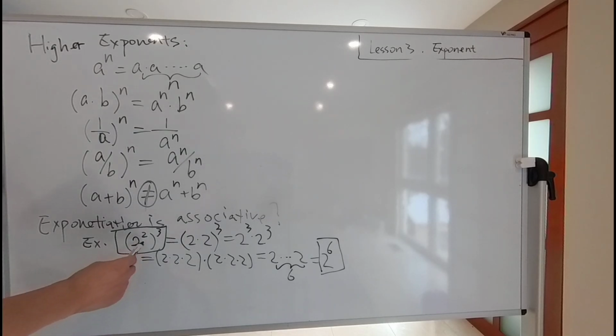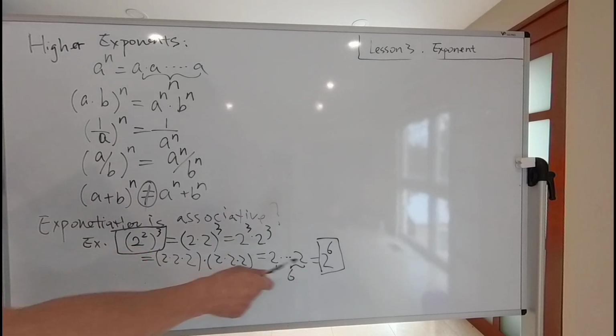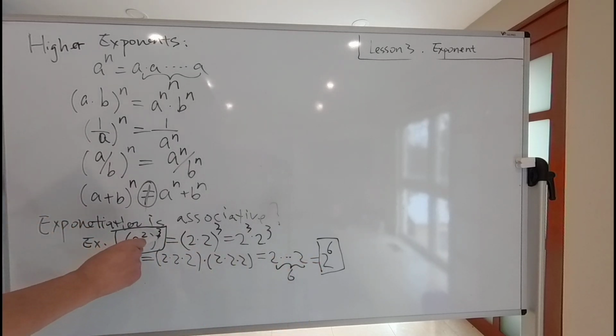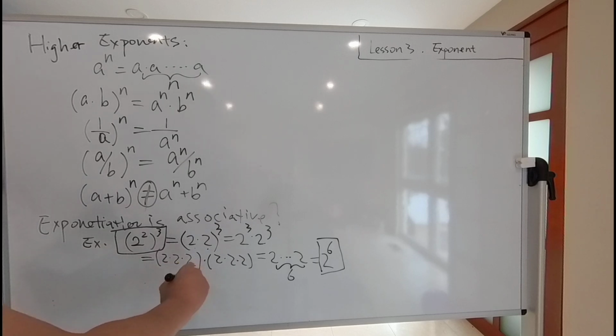So now if you observe the question from beginning to end, you probably find the pattern already: if I have this form of a power over a power, an exponent over an exponent, this is equivalent to the product. So 6 is equal to 2 times 3. Why is this a product? Because you have 2 terms here and you expand that 3 times, or you have 3 terms here and you expand that 2 times.